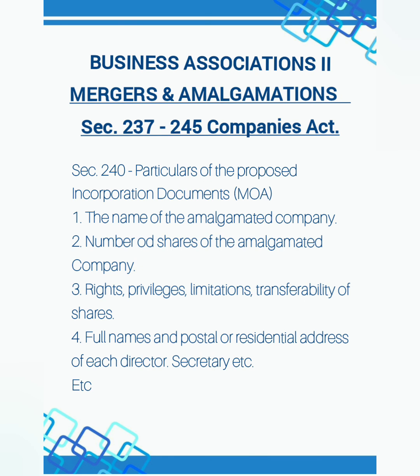So I've told you that we have two documents. One of the documents is the amalgamation proposal, right? Then secondly, we have the incorporation document, the proposed incorporation document, which I've told you is the memorandum of association of the intended amalgamated company, the intended outcome of the two amalgamating companies.